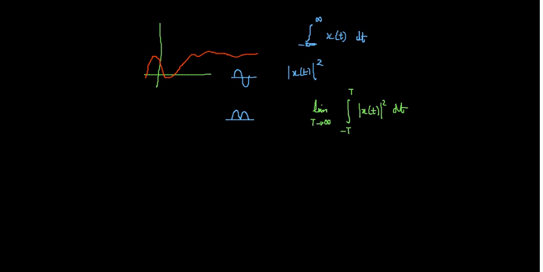And for power you just need to divide it by the duration, 1 upon 2T times the integration from minus T to T of mod of x of t squared. Is that okay? Now I have derived these formulas, so you don't need to mug them up.